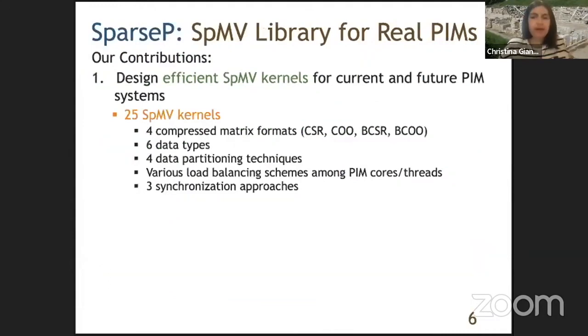To this end, we make two key contributions. First, we designed SparseP, the first SpMV library for real PIM architectures. We proposed 25 efficient SpMV kernels supporting several compressed matrix formats, data types, data partition techniques, load balancing schemes, and synchronization approaches in order to cover a wide variety of matrices and applications.